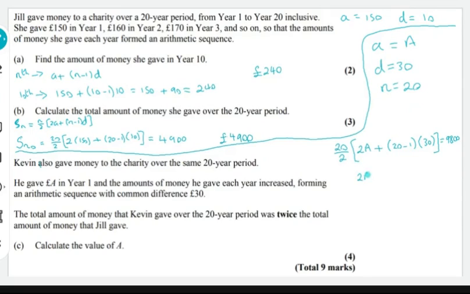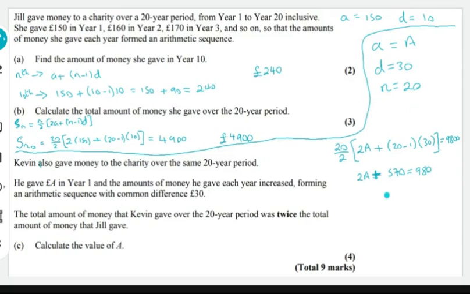So I get 2A plus 19 times 30, which is 600 minus 30, which is 570, equals 980.